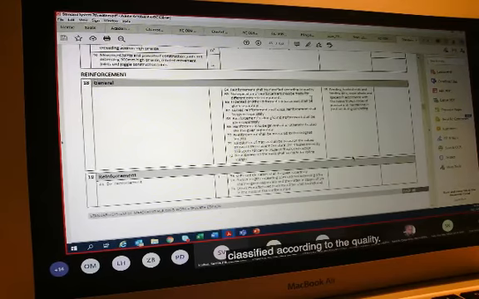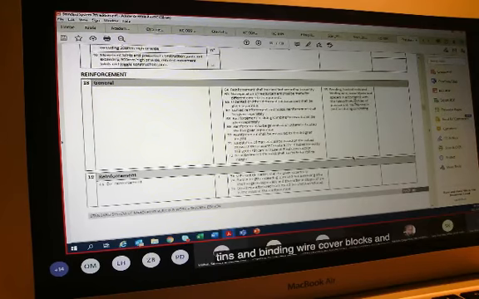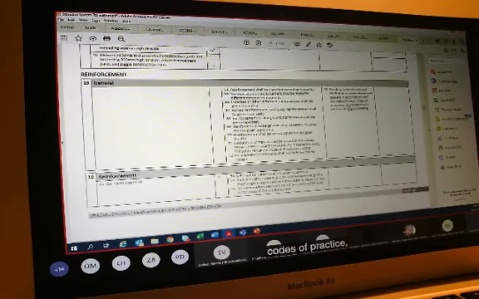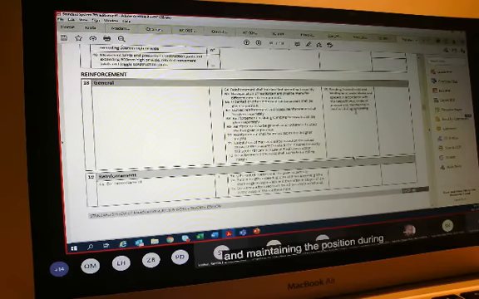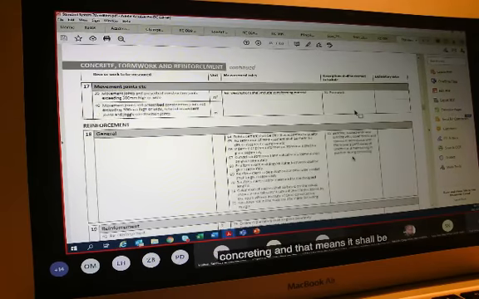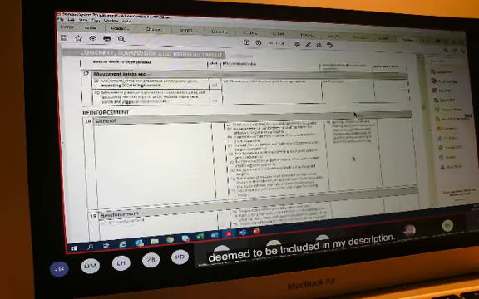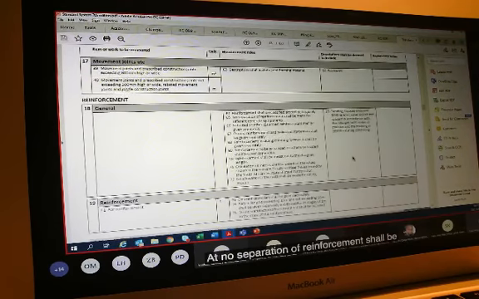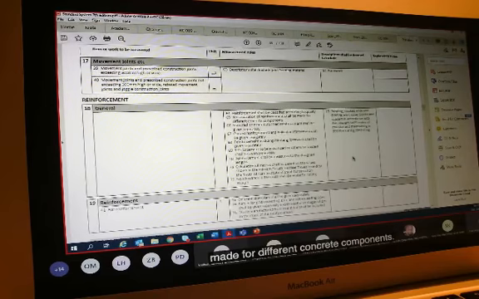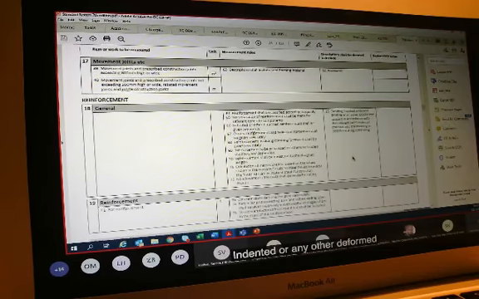So when we go to concrete formwork and reinforcement, and we look at the reinforcement on page 30, it says that under general, reinforcement shall be classified according to the quality.